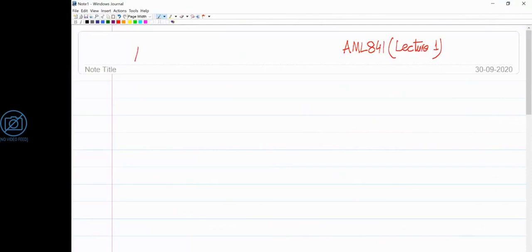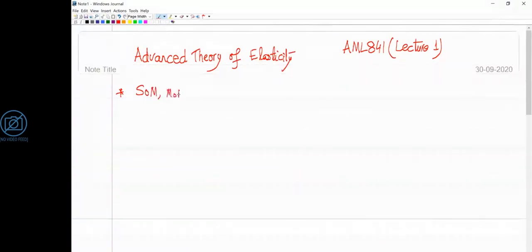This is a course on advanced theory of elasticity. So this certainly requires that you know the basic elasticity. For example, if you have a very good knowledge of strength of materials, or mechanics of materials, or solid mechanics, whatever you call it in your undergraduate college.